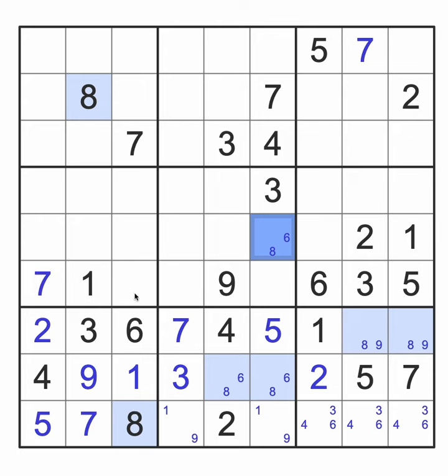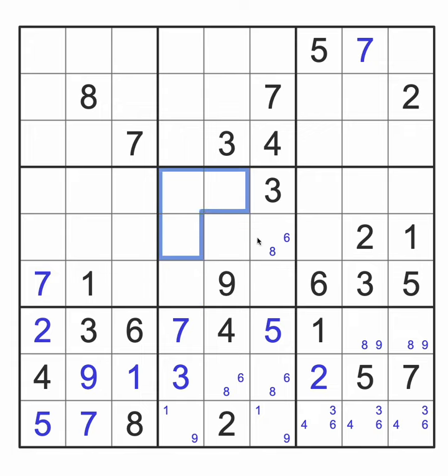But now looking at row 6, here's 8, which means this cell cannot be 8. That means for row 6, 8 has to be placed either here or here, which means because these two cells are in the same box, the other empty cells in box 5 cannot use 8.